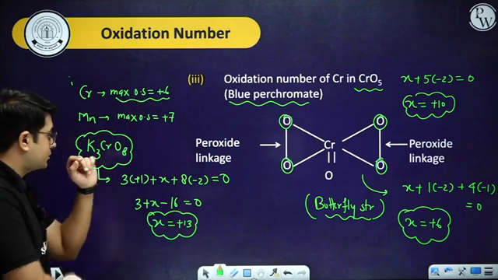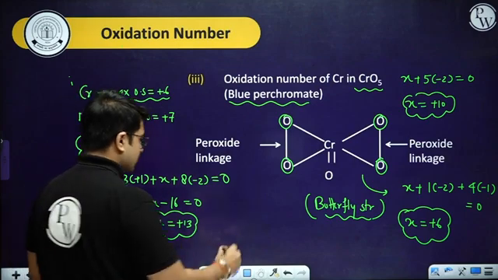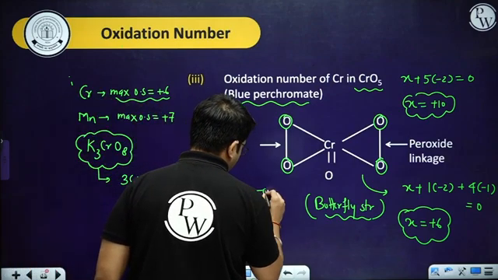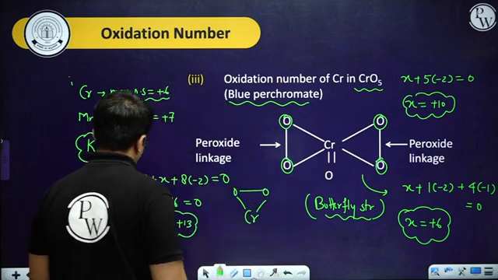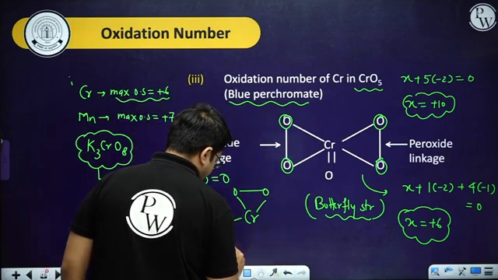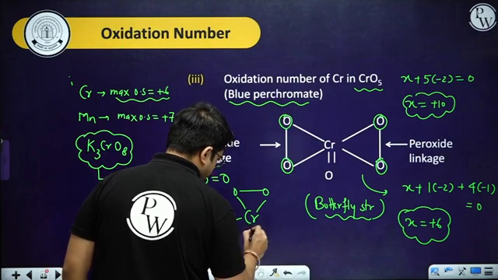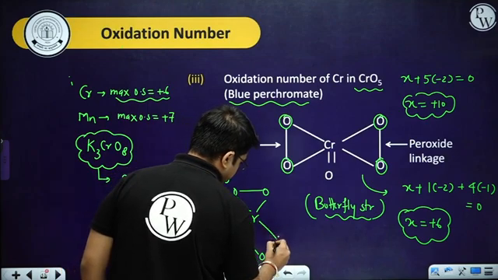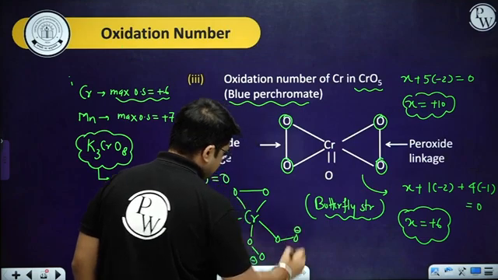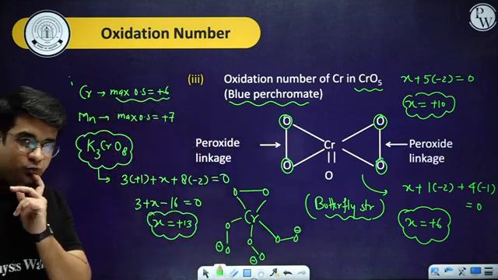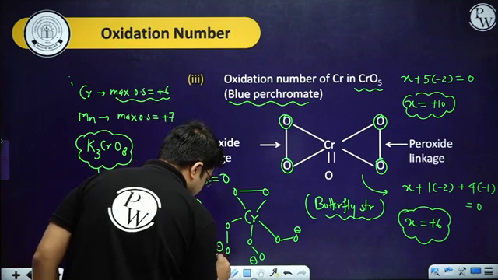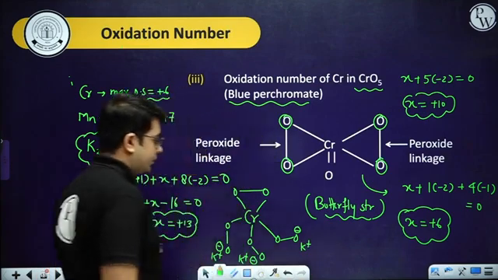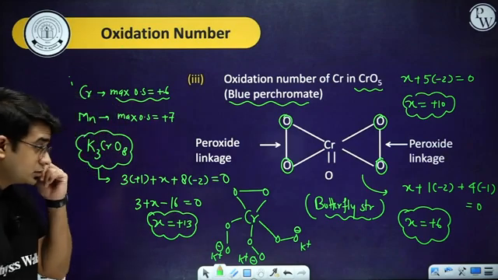So generally what happens in this case, chromium is going to form oxygen like this. One peroxy linkage is there, next one peroxy linkage negative charge, next one peroxy linkage negative charge, next one peroxy linkage negative charge. If the structure looks like this, this is going to compensate K positive here, K positive here, and K positive here, and that's how the entire structure works.